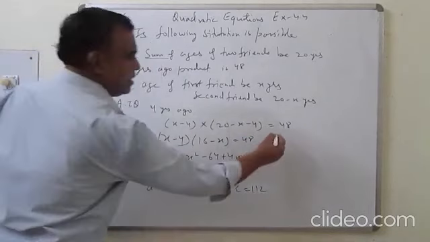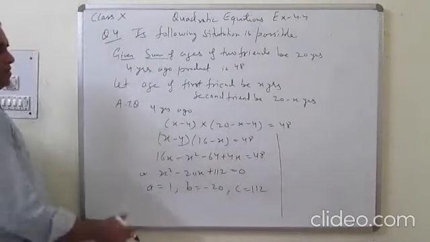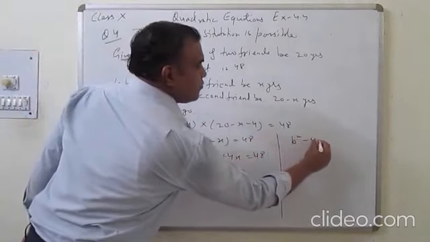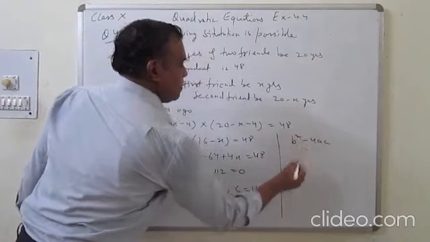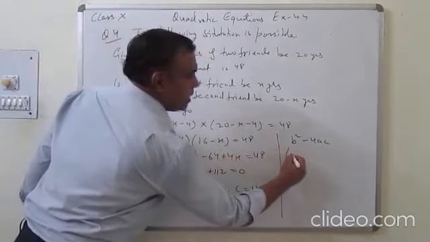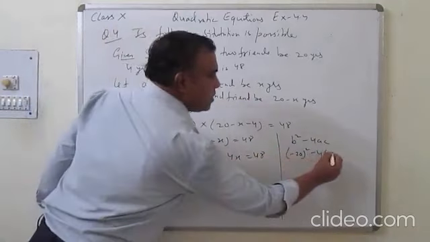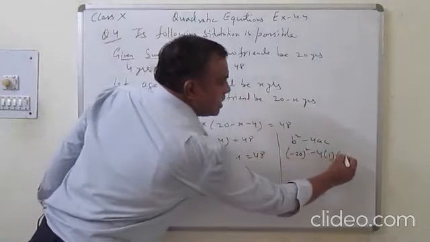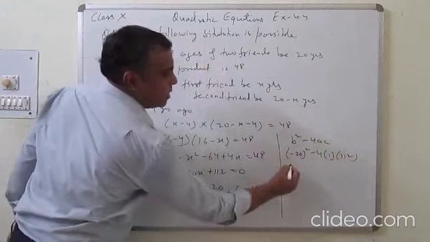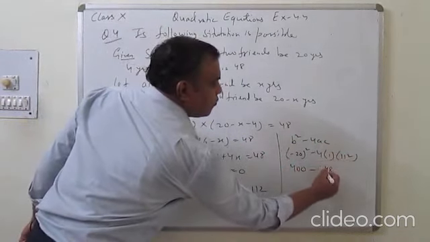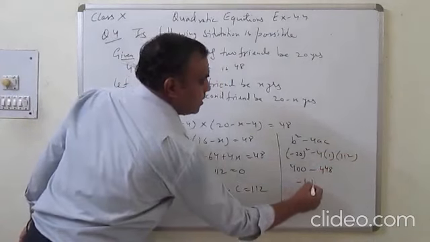Now check the condition, the nature of roots. b square minus 4ac. b is minus 20, so (minus 20) square minus 4 times a, which is 1, times c, which is 112. 20 square is 400 minus 448, so it is minus 48.